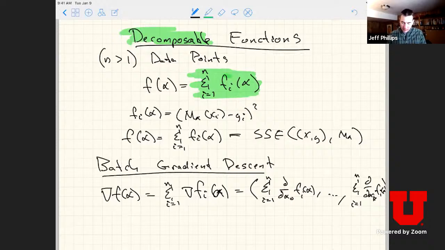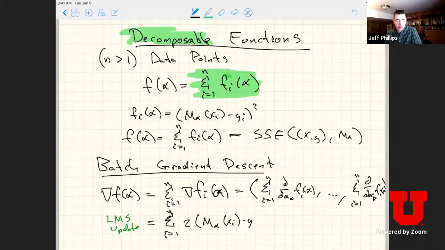But in general, we can remember that using this LMS update rule, which will actually be more important, I'm going to get that this is equal to 2 times this residual, x_i minus y_i, times this vector (1, x_i, x_i squared).